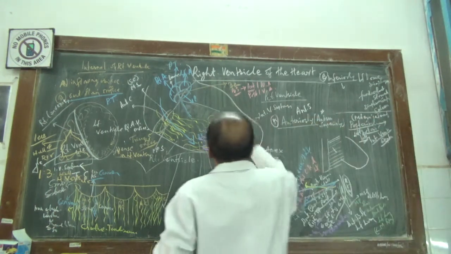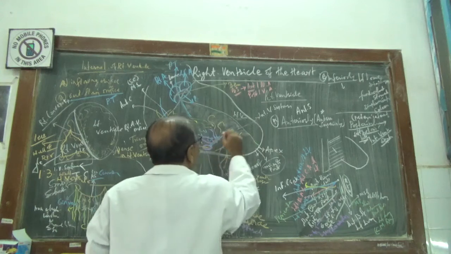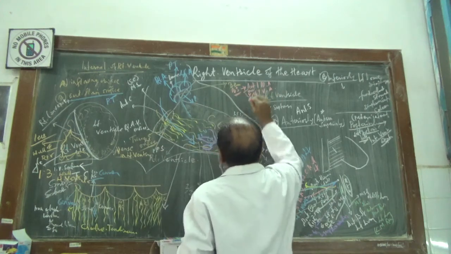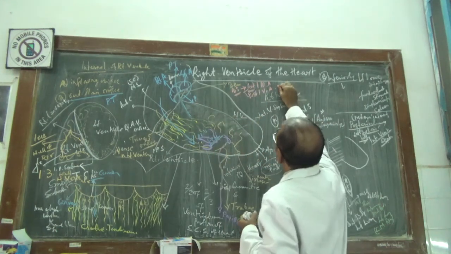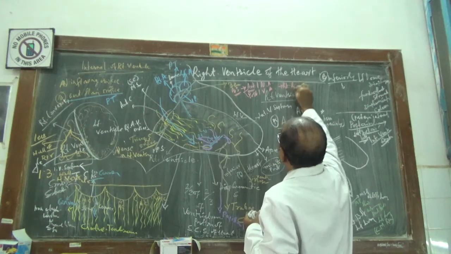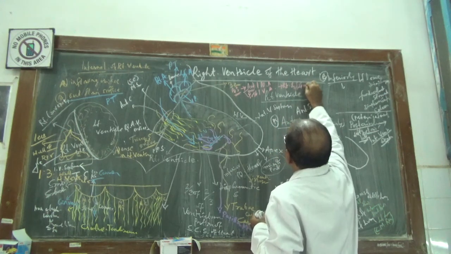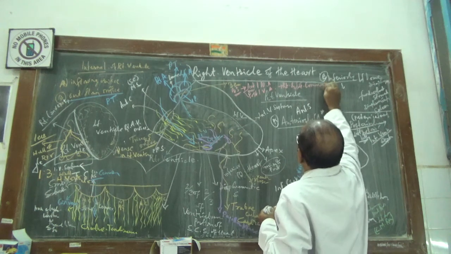Apart from that, you can say these two are the branches of the right and the left coronary arteries.